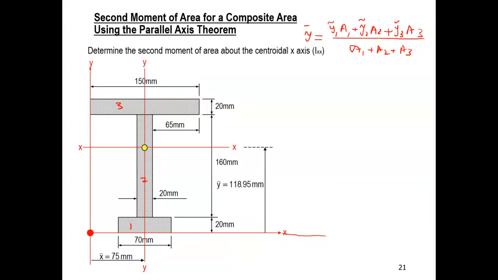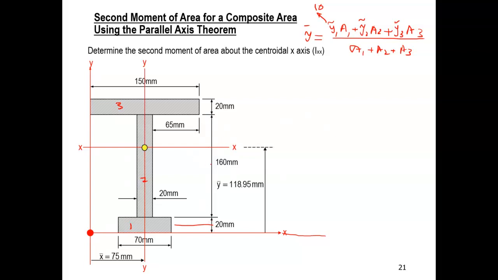So let's find out what is the centroid of the first shape with respect to this datum. So if that is 20, the y hat bar 1, that is 10, right? So what about the y hat bar of the second shape? The second shape is 160 on top of 20.